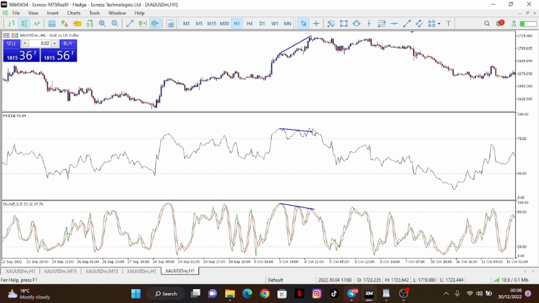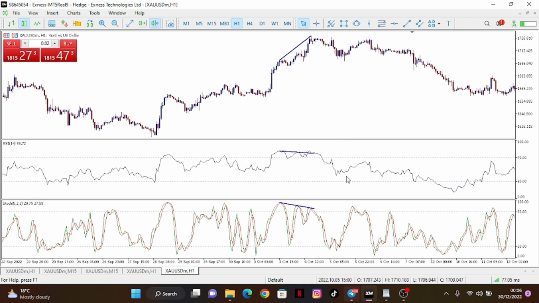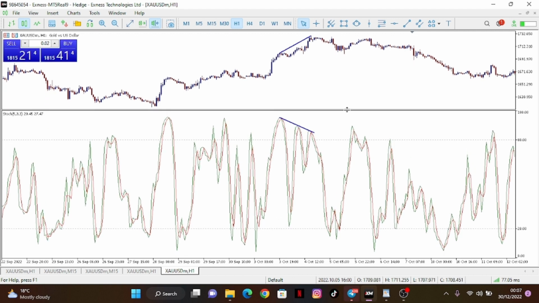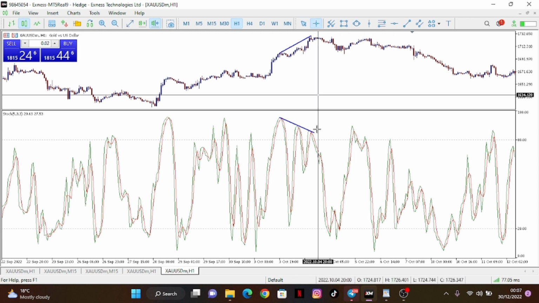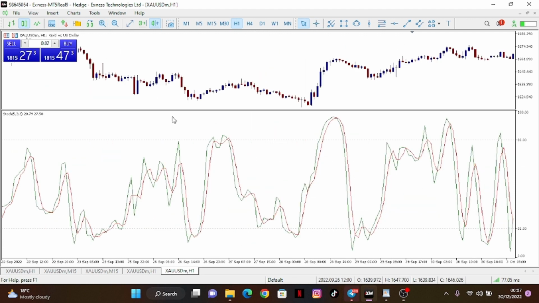Okay, so let's squeeze this in. The use of that is done. It's pretty much easy spotting divergence with the RSI. That's why I brought it up. But now I want you to take a look at this. You have two lines, the red and green line.